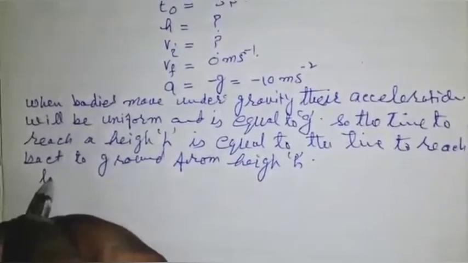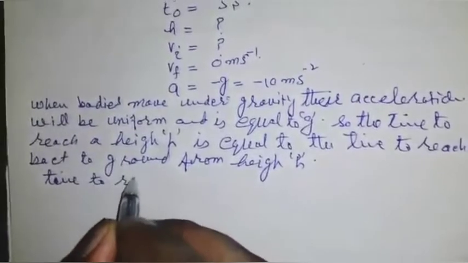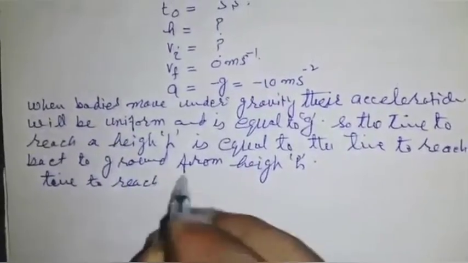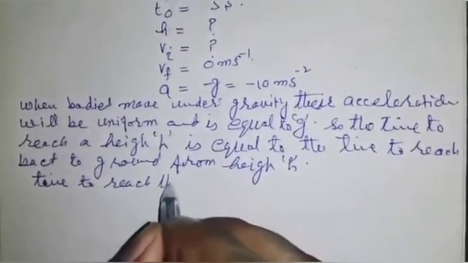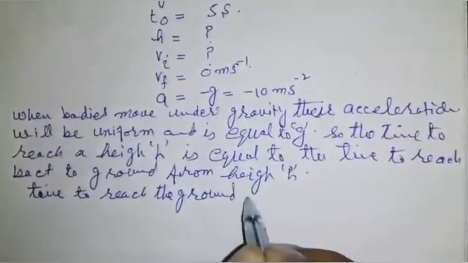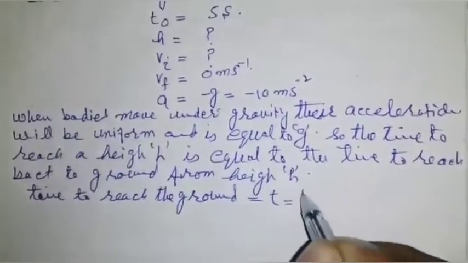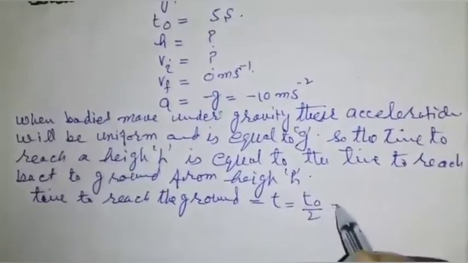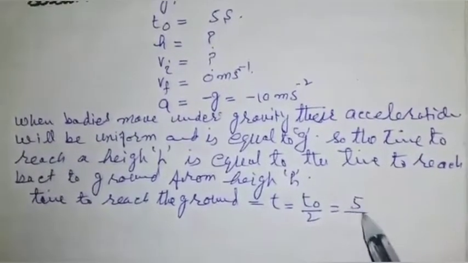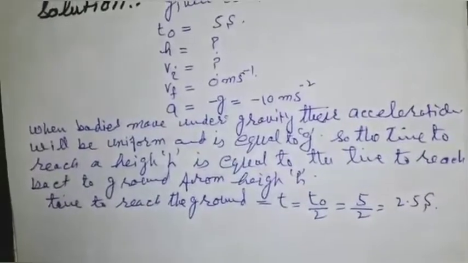So time to reach the ground is equal to t naught over 2, which is equal to 5 over 2, which is equal to 2.5 seconds.